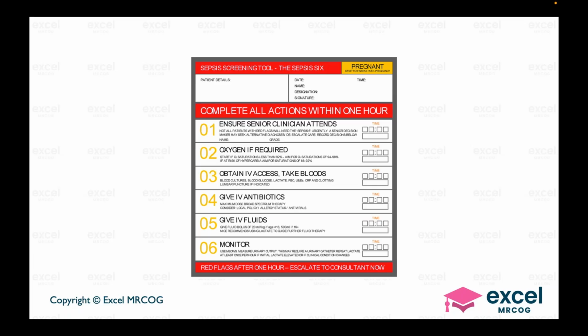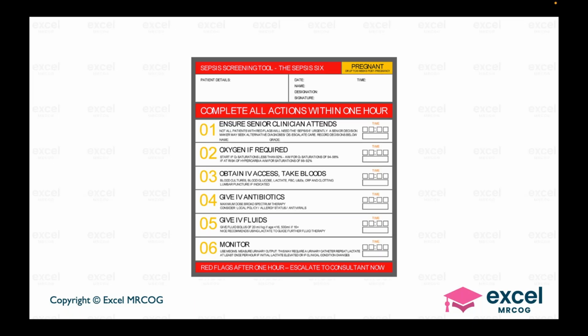For example, it is not sepsis, it is say HELLP syndrome, but the presentation may be the same. Patient is not doing well, or orientation is affected, patient is drowsy, patient is having hepatitis like features, mild fever. You don't know whether it is sepsis or HELLP syndrome. So you need to have your senior clinician attending to the patient.